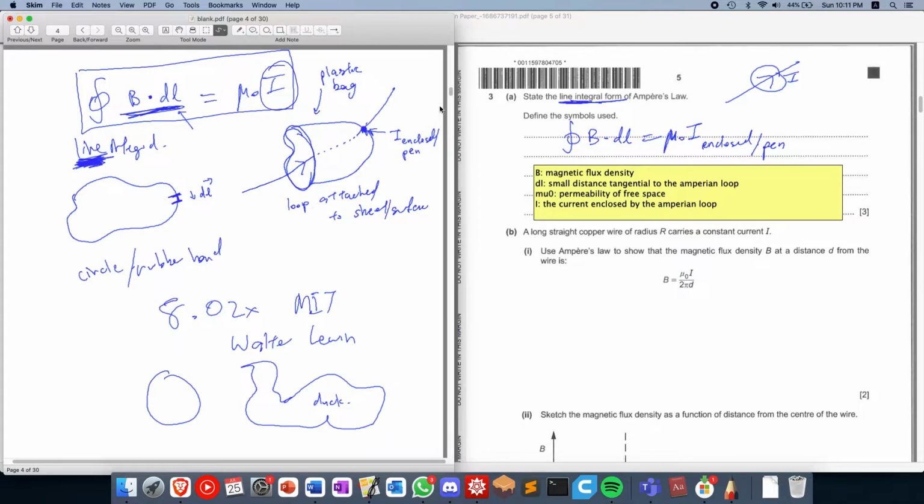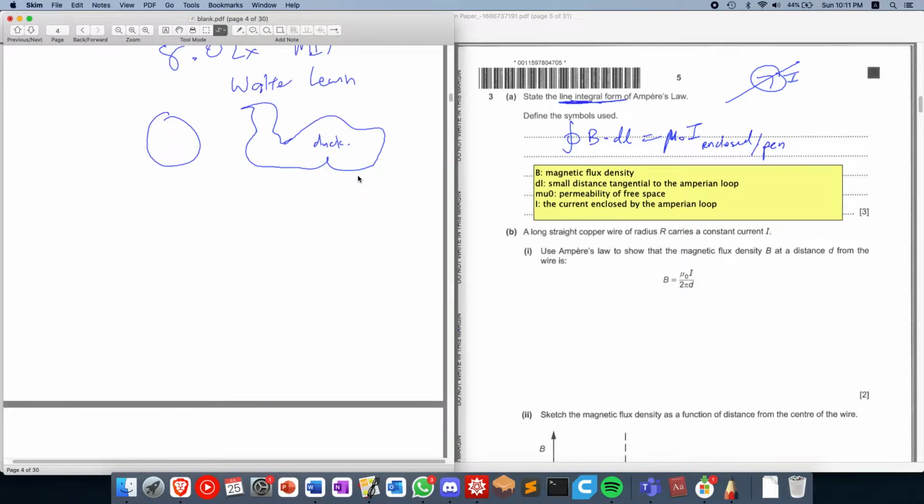Okay, so digression, although this entire video is pretty much a digression. Because it must hold for every single loop, you can imagine breaking this loop down into many small loops, and then if you sum all of the small loops up, you get the result of the big loop.